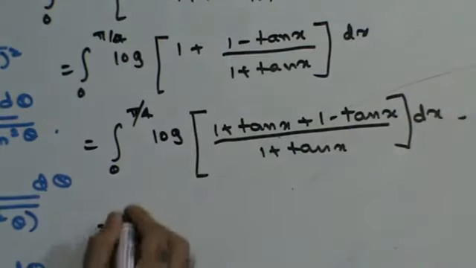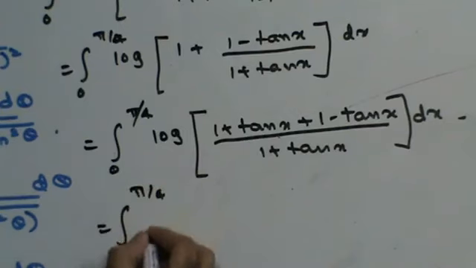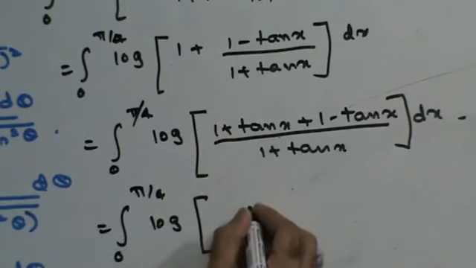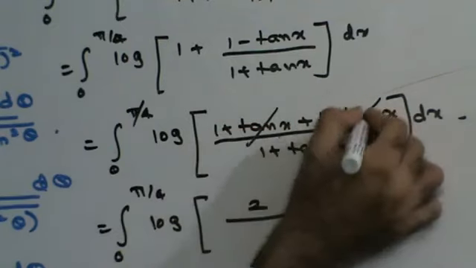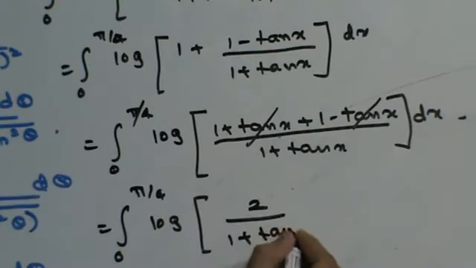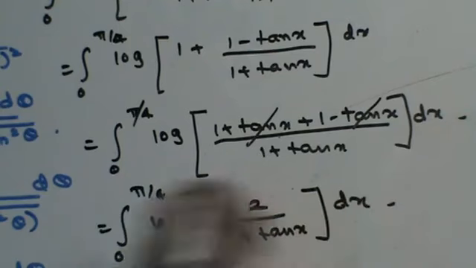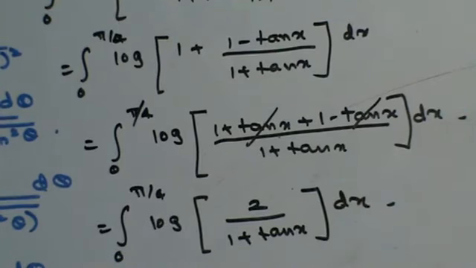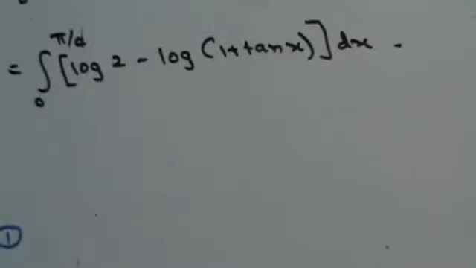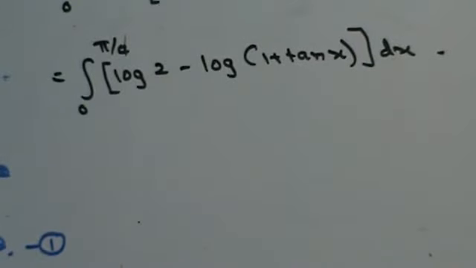This could be written as 0 to pi by 4 log 2 upon 1 plus tan x dx, right? Now log a upon b can be written as log a minus log b. This is going to be nothing but log 2 minus log 1 plus tan x dx.